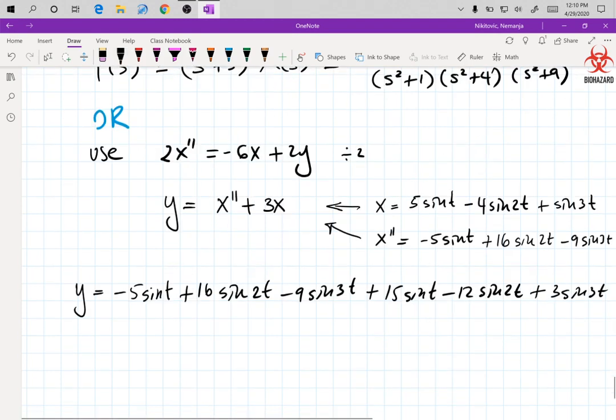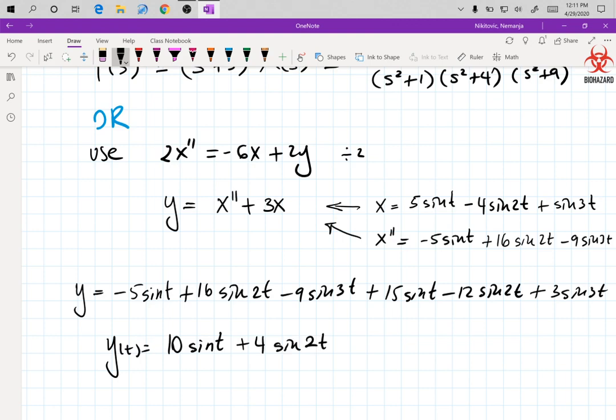This is much faster than cranking another 6 variable partial fraction decomposition. And that gives us our y of t: 10 sine t, 16 minus 12 is plus 4 sine 2t, minus 6 sine 3t.